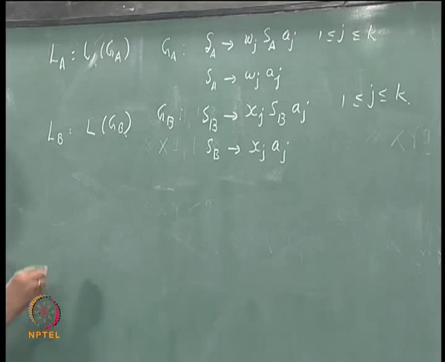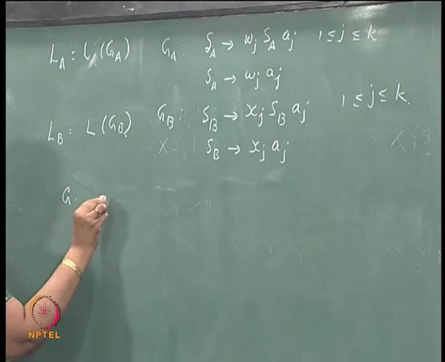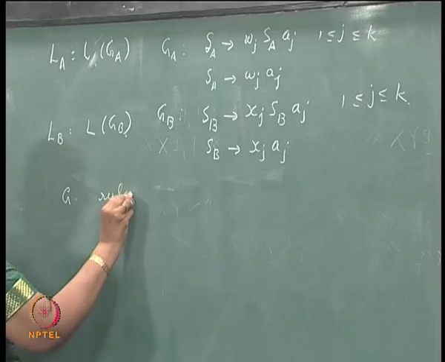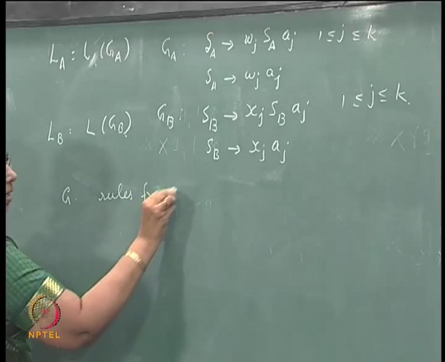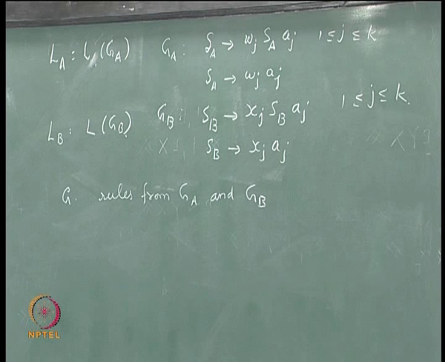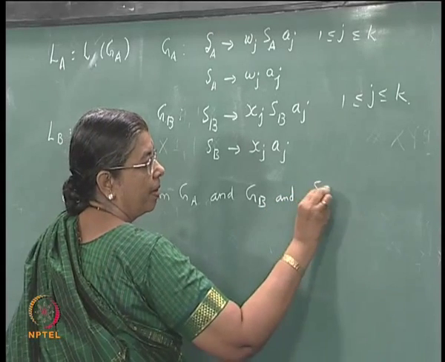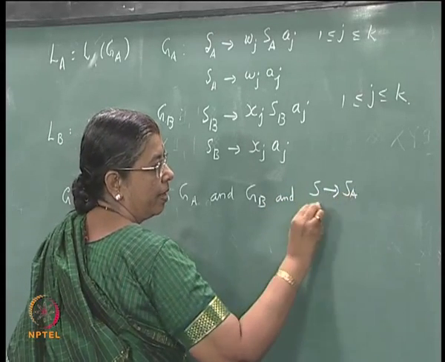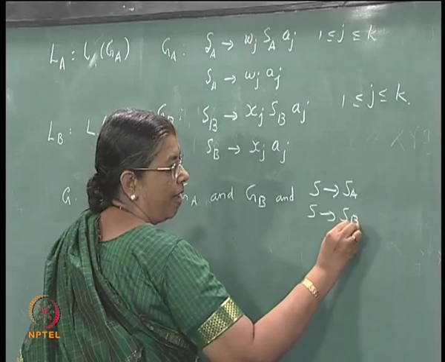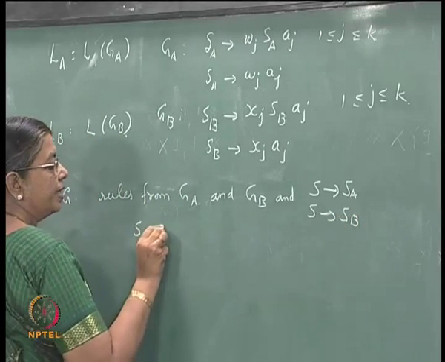Now, consider a grammar G with the rules from GA and GB and 2 more rules of the form S goes to SA, S goes to SB, where S is the start symbol.